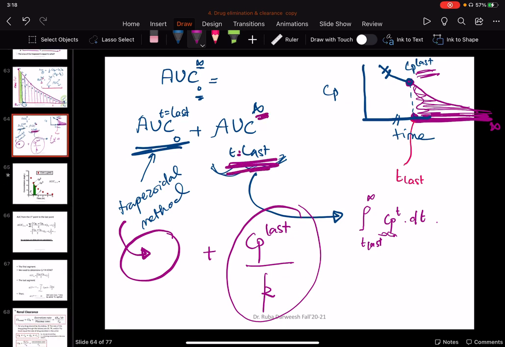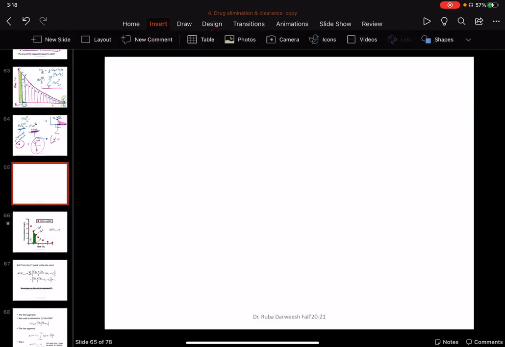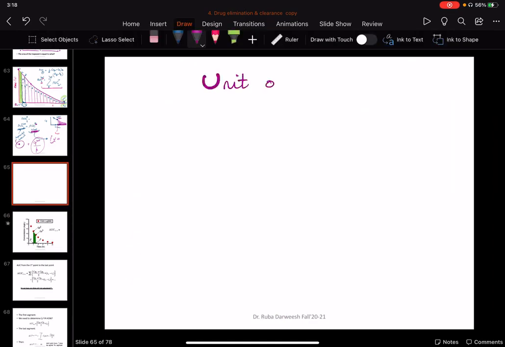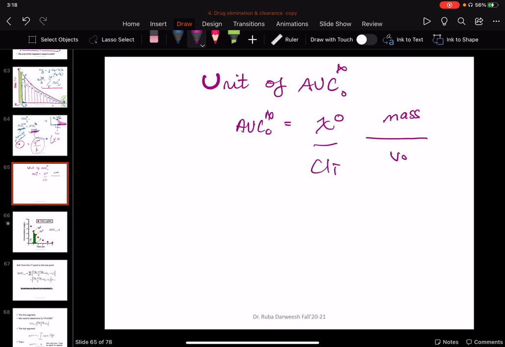Okay? The last thing to mention is the unit of area under the curve, which I mentioned already before in the calculation class of the IV bolus. If we have area under the curve that is equal to dose over total clearance, this is dose of mass, this is volume over time.